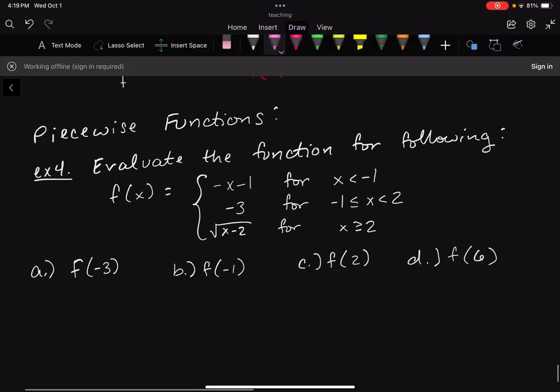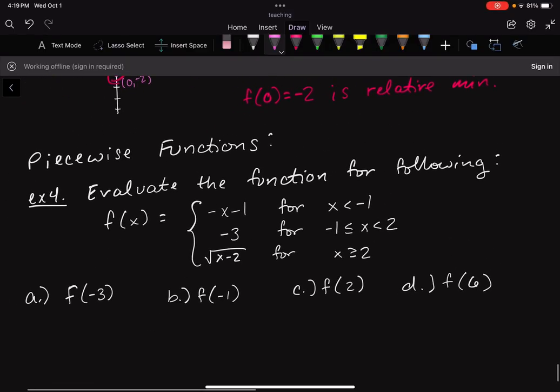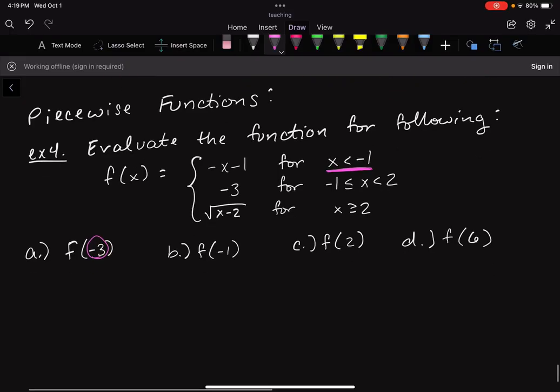So for -3, that is going to fall into this category for the x's. So less than -1. So that means I'm going to use this function for this evaluation. So this will be negative, and I'm plugging in -3 for my x, minus 1. So I get +3 minus 1, so 2.